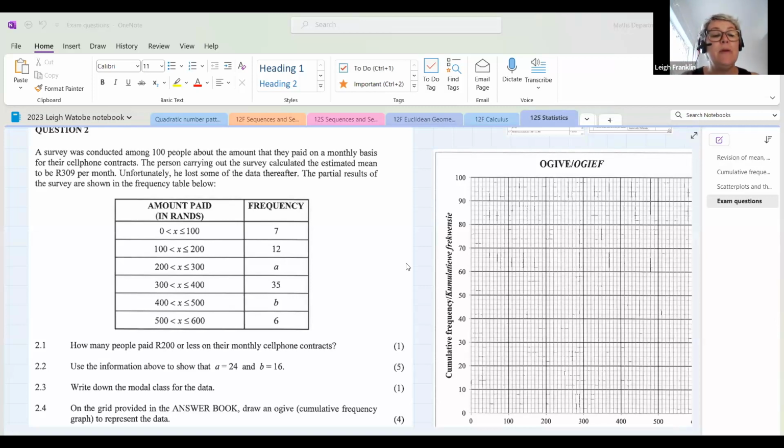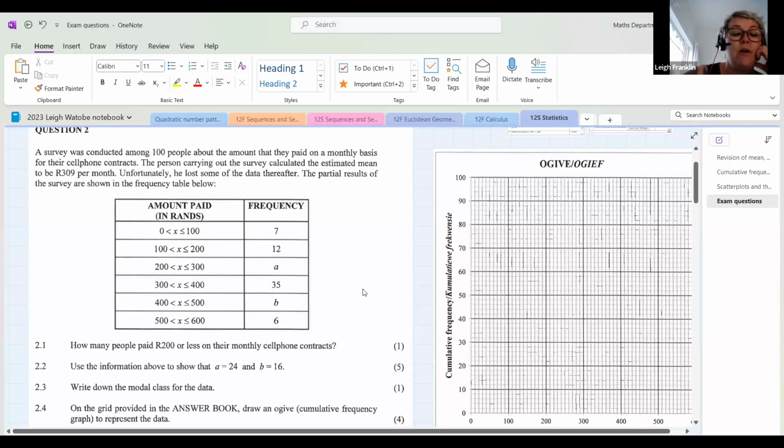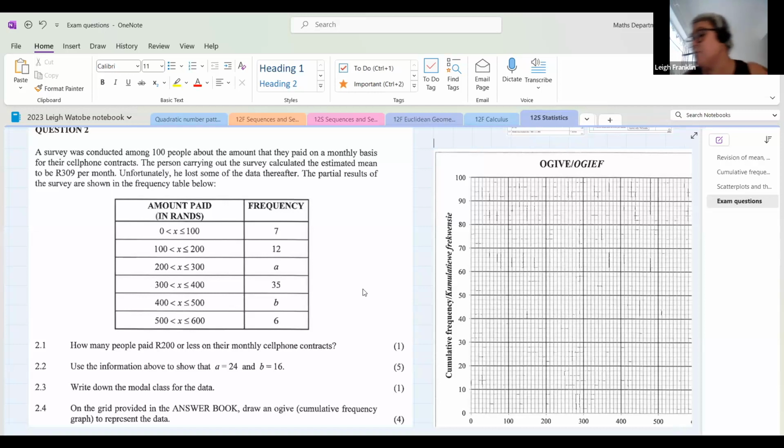So what do you think from the data, bearing in mind what we discussed the other day when we did cumulative frequency? What do you guys think?